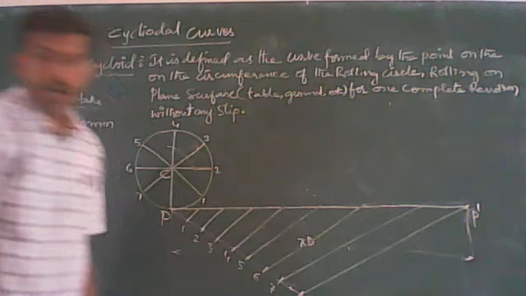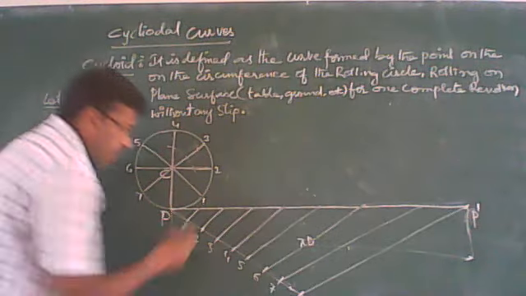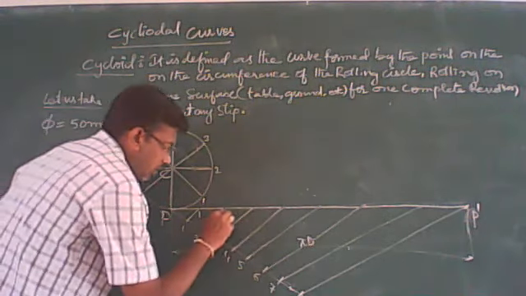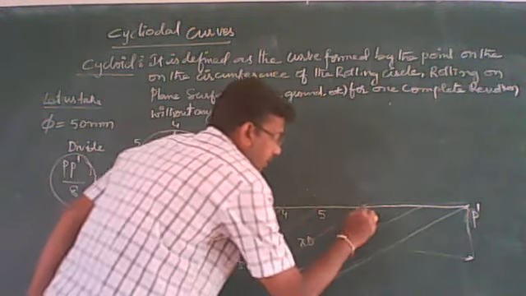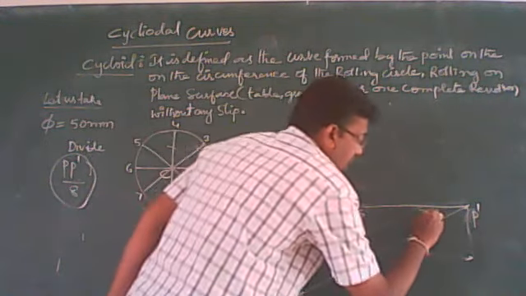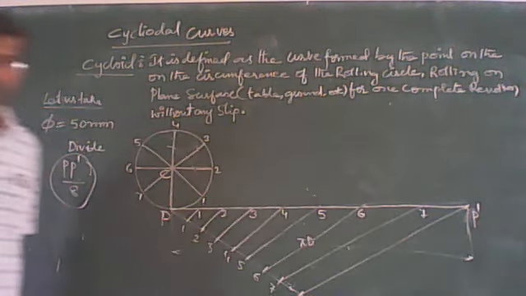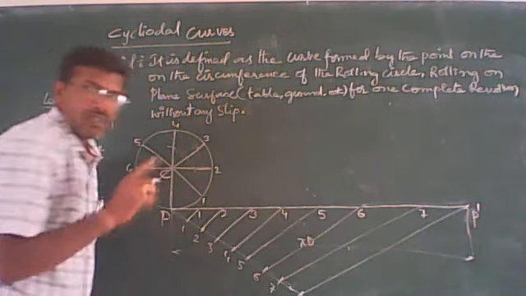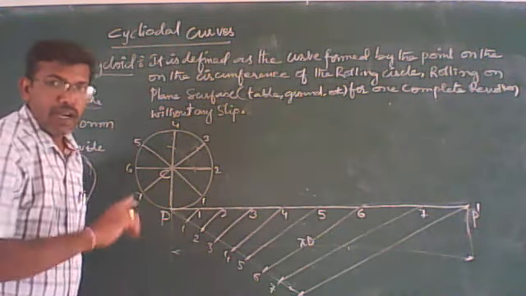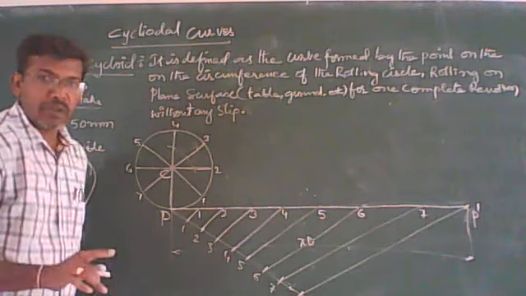Now it is clear. Name the points 1, 2, 3, 4, 5, 6, 7 and that is P dash. Now I have divided the P dash circumference length into 8 equal divisions with the line division method.